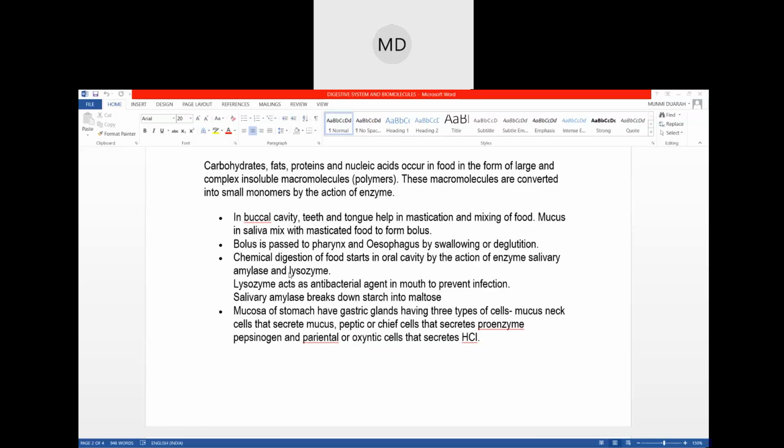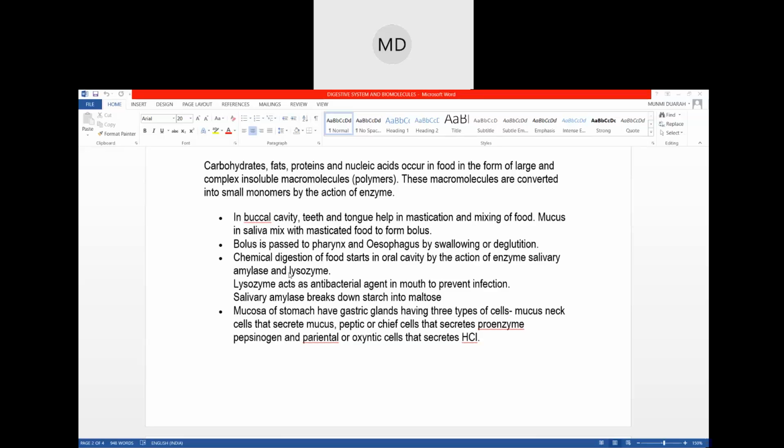Okay, so what happens now? Now the food is a little bit digested, that is, starch is converted into maltose, and the lysozyme acts as an antibacterial agent so that if there is any bacteria in the food, it will act on that.